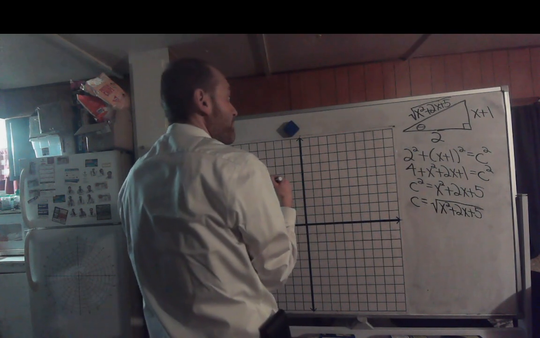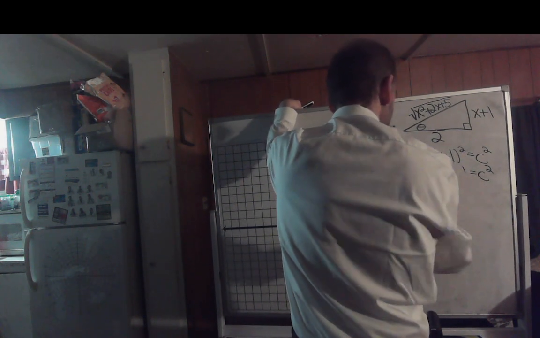So this one's not quite as nice. So we have the square root of x squared plus 2x plus 5 for the hypotenuse. Alright, so let's find the 3 basic inverse trig functions to represent theta.